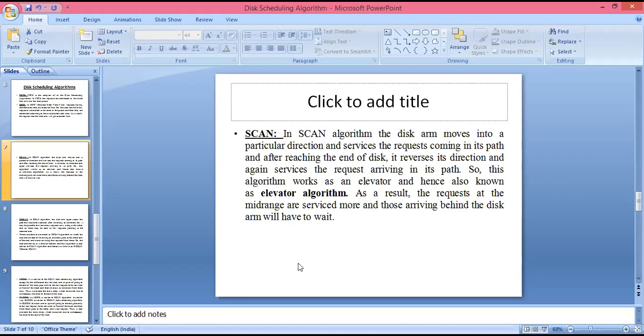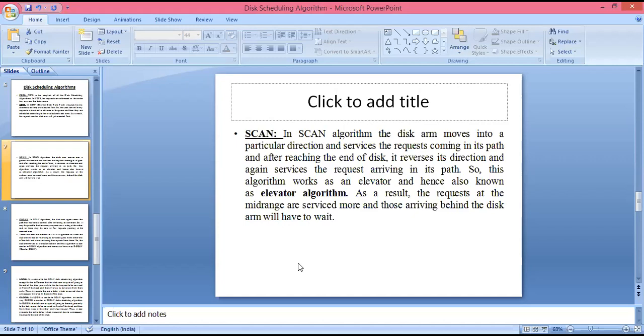For example, in short, suppose I am moving from number 1 to number 10: 1, 2, 3, 4, 5, 6, 7, 8, 9, 10. And after 10, I move back towards 1 via 10, 9, 8, 7, 6, 5, 4, 3, 2, 1.